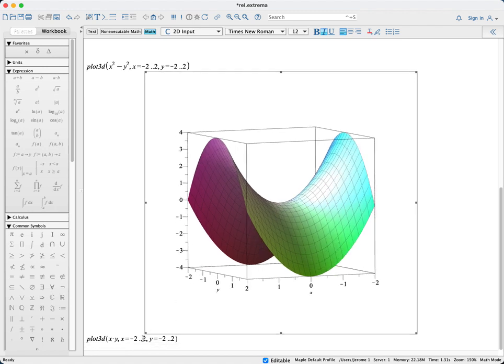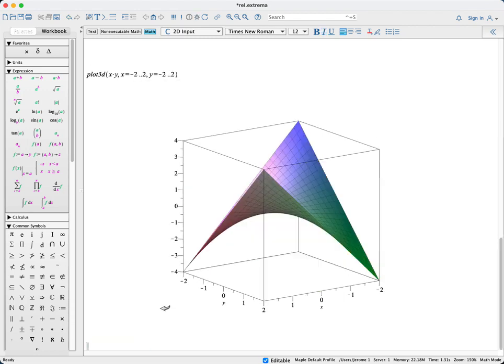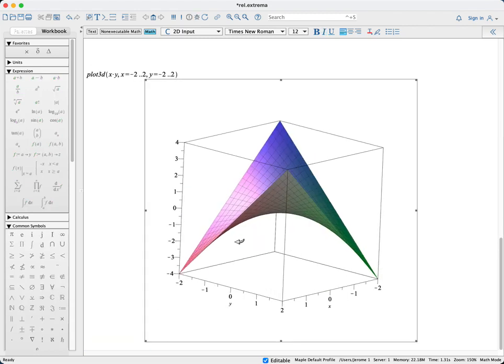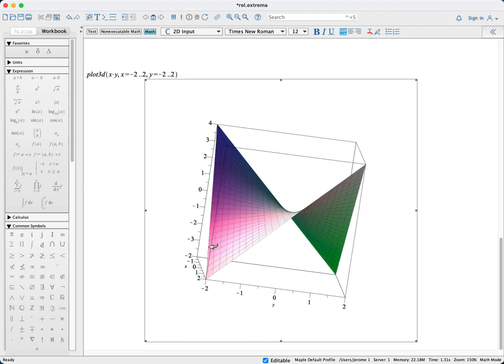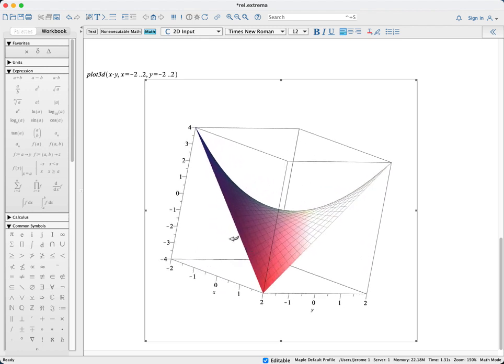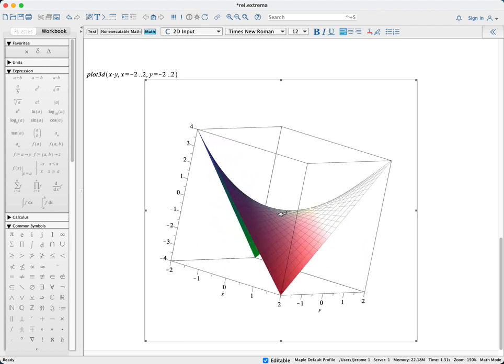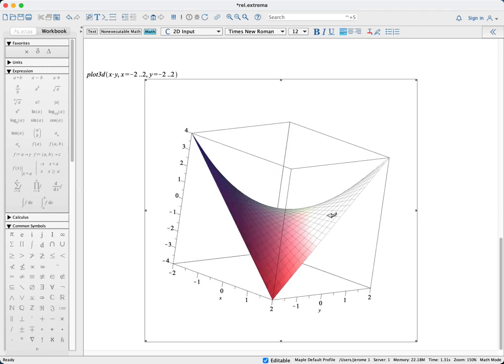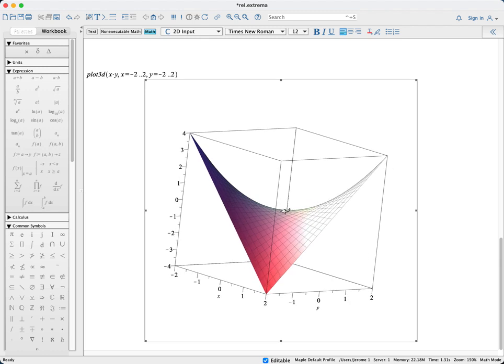Let's look at another quick surface here to really illustrate this. Let me turn it this way. If you notice, the surface again becomes very flat at this particular point. If I start at that point and move in this direction, my z value is going up, up, up, up.